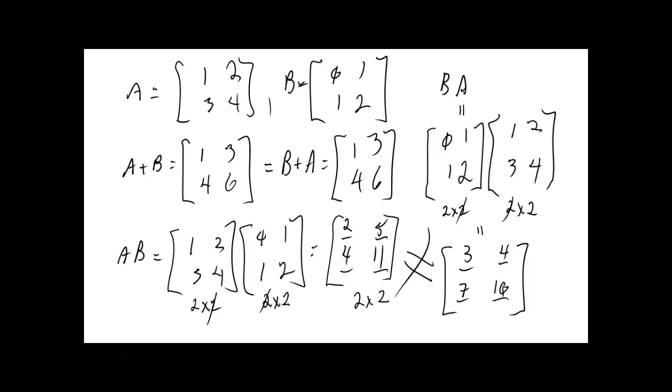Say if this was a 3 by 2, and that was a 2 by 2, like the first example was, you can do this and your result would be a 3 by 2, right? But then could you multiply a 2 by 2 by a 3 by 2? No, because the middle two numbers, this would be a 2 and that would be a 3. You can't even multiply them.